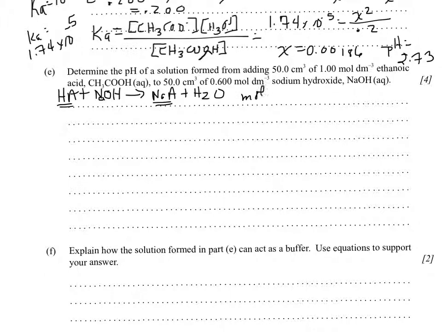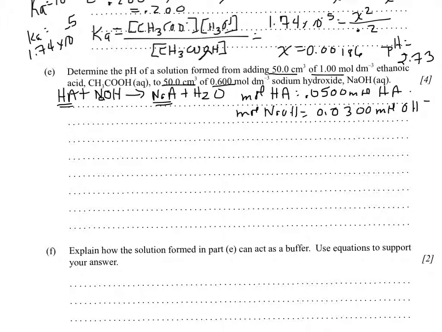So how many moles of HA do I have? Remember, it's the volume times the molarity, making sure the units are right. So I would have 0.0500 moles of HA. Moles of sodium hydroxide would be 0.05 times 0.6, which gives me 0.0300 moles of hydroxide ion.